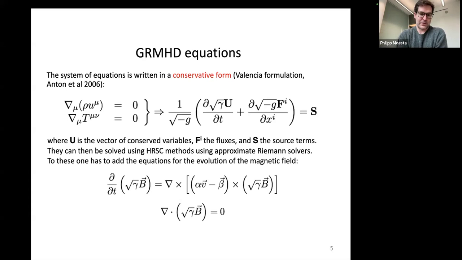It really means what we've written here in that first box, where we've taken these conservation laws written in abstract index notation that I've already shown you on the previous slide, and converted them into what we've written here on the right side of this slide, where we have what we call a state vector, which is this boldface U. So that is really the set of variables that we use to describe our system. In this case, it could be something like the conserved density, the momentum, and so on and so on.